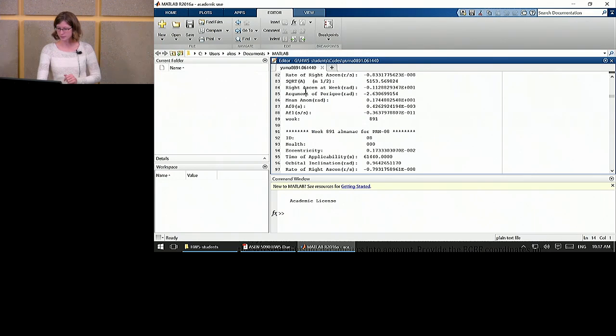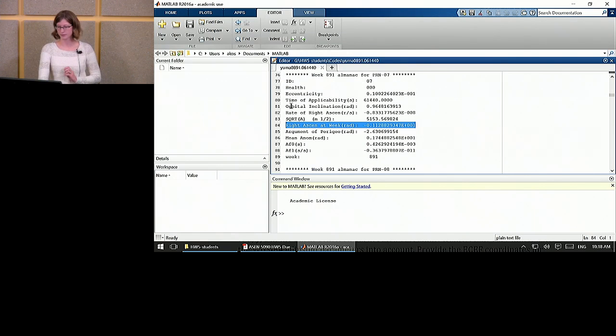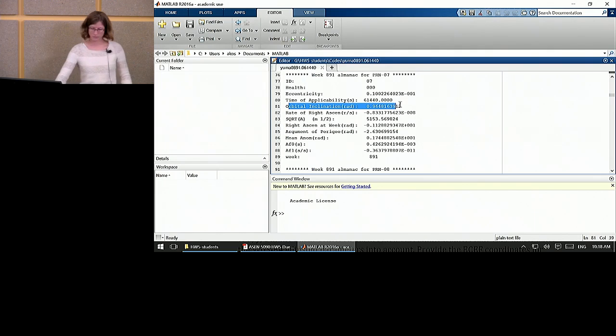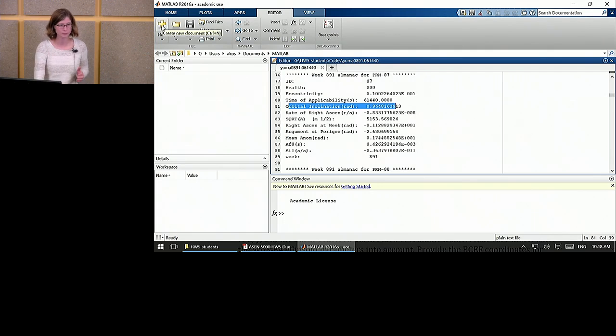So here you should be getting the right ascension, so the longitude, I believe. Oh, so we are getting the longitude. I believe so, yeah. Okay, so then to calculate the right ascension, you have to take the, yeah, exactly. Okay, any other questions about the Almanac?